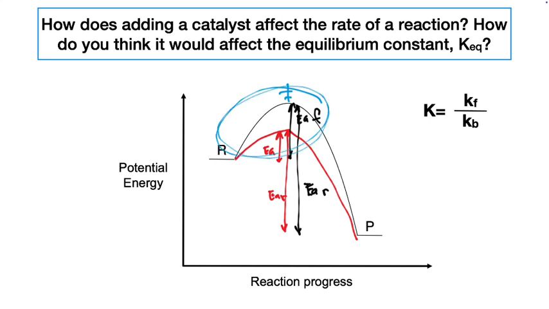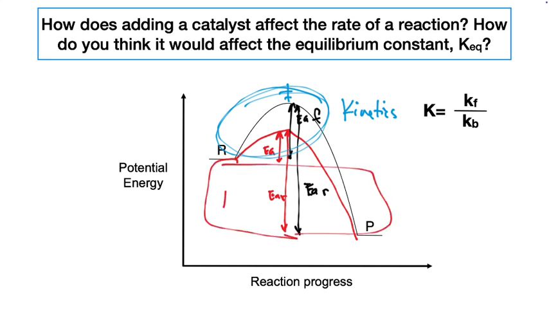It's all really dealing with this. This is all my kinetics. And when we moved to the second unit, we now started talking about thermodynamics. And thermodynamics in this diagram is all down here. So if I'm looking at a catalyst, the catalyst is changing the kinetic part.